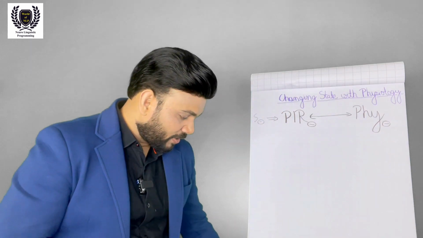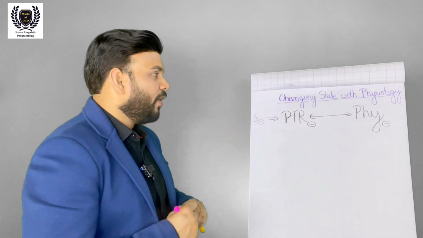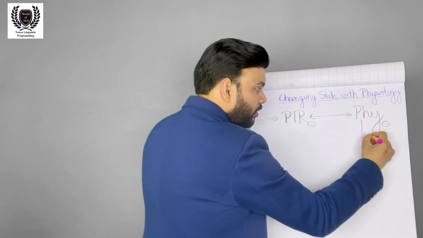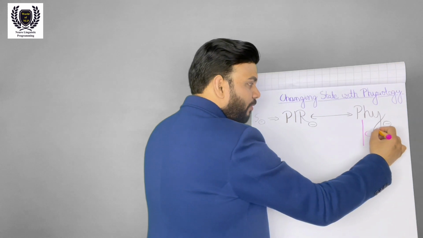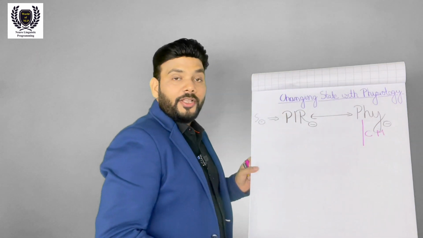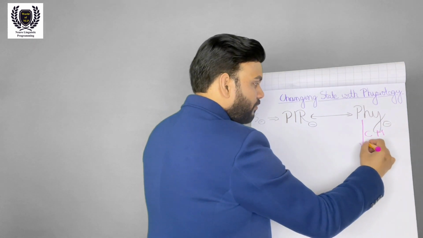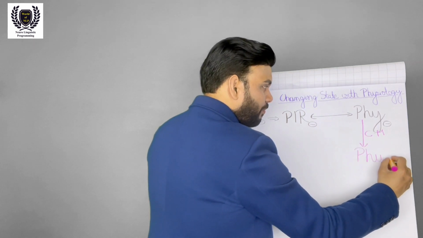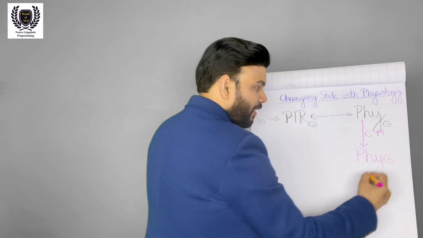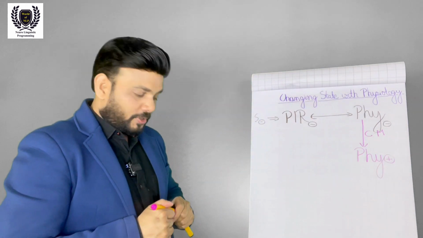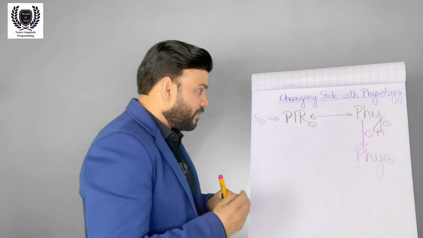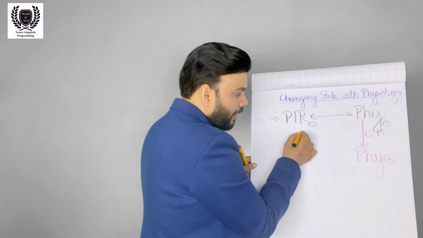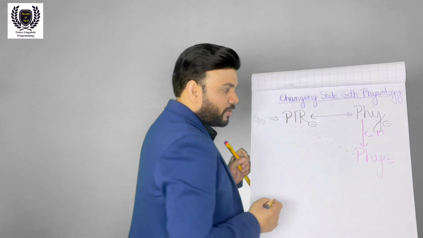So what exactly will happen? Once you willingly, consciously change your physiology from negative to positive, your mind tries to stay with the negative PIRs in this positive physiology.